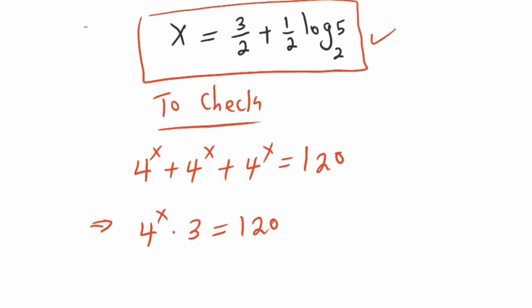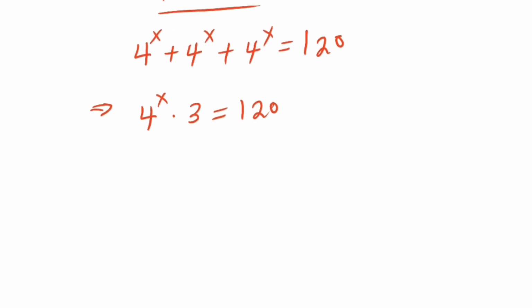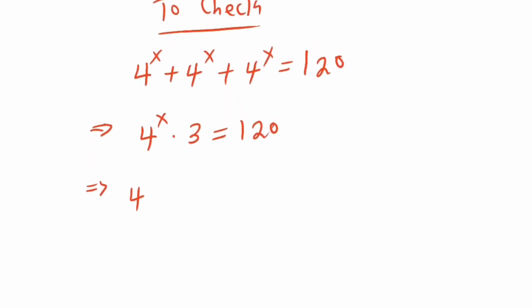Now, if s is 3 over 2 plus 1 over 2 log 5 base 2, we have 4 raised to power 3 over 2 plus 1 over 2 log 5 base 2 multiplied by 3 must be equal to 120.